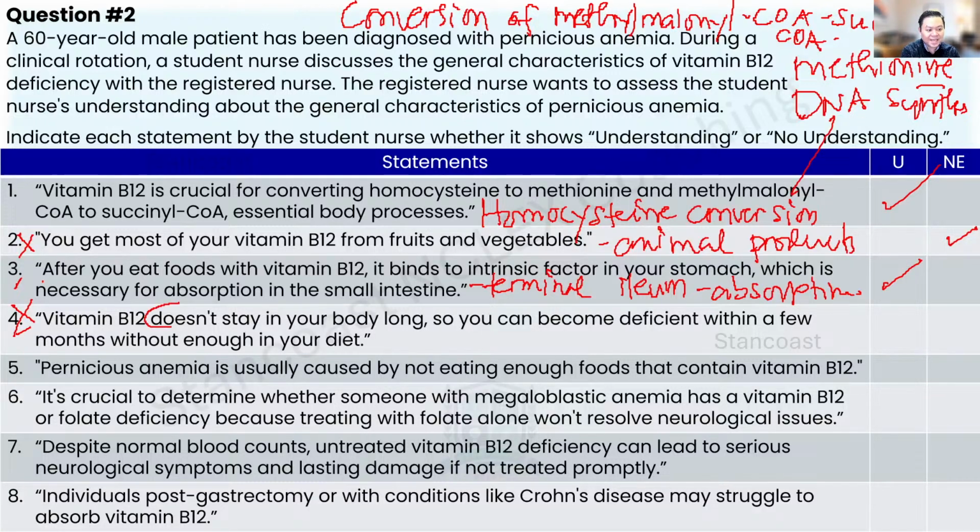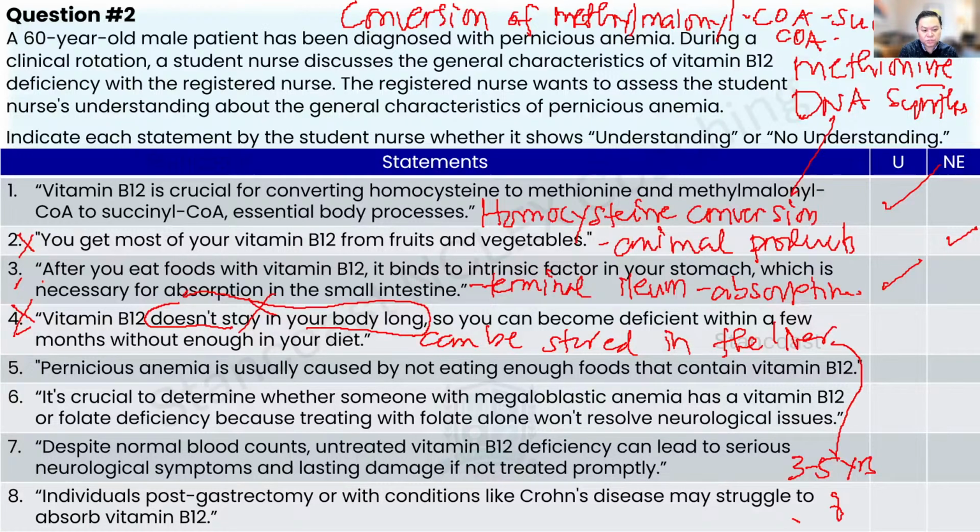Doesn't stay in your body is false. It can be stored in the liver. For how long? 3 to 5 years. Yeah, I don't have enough space, guys. 3 to 5 years of storage in the liver.